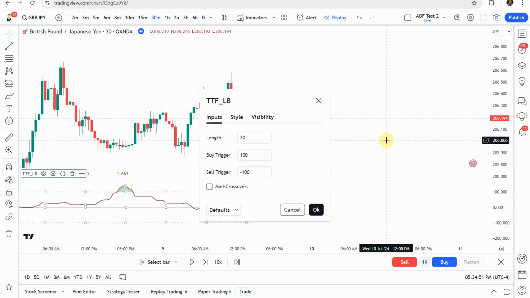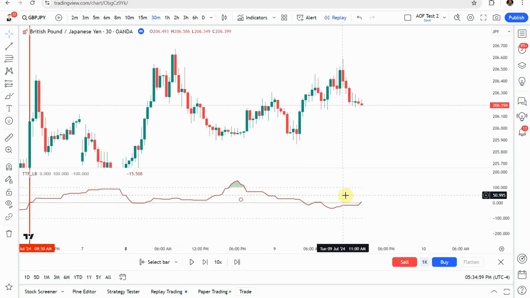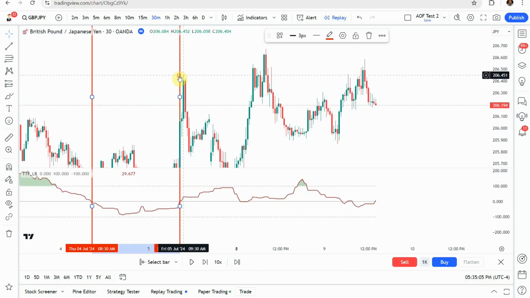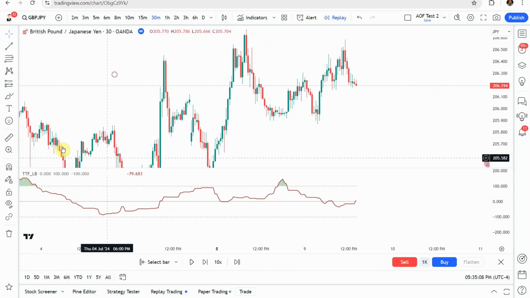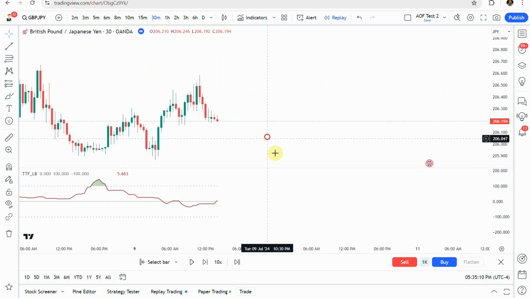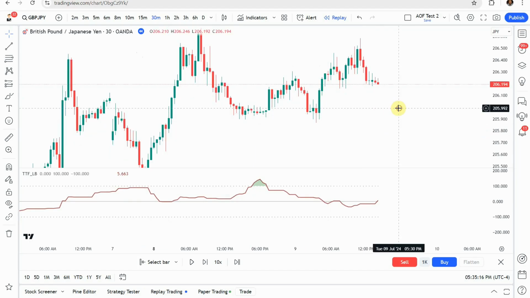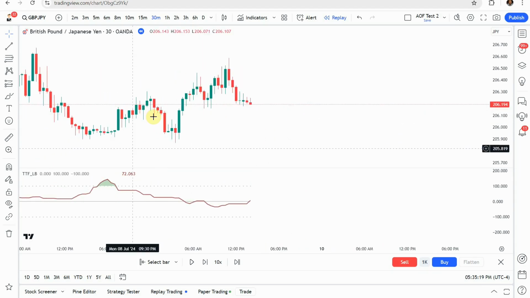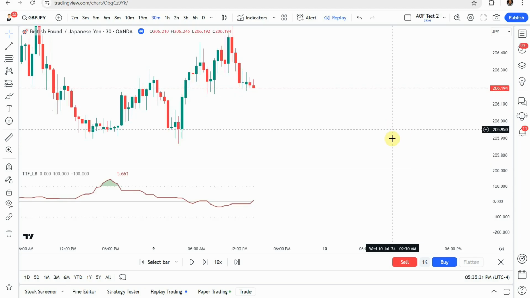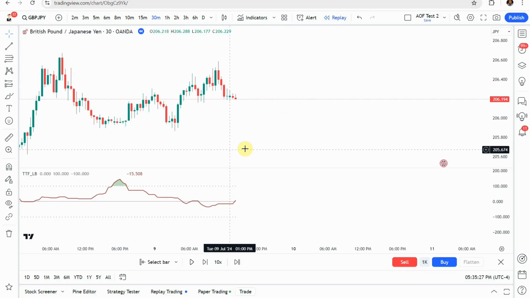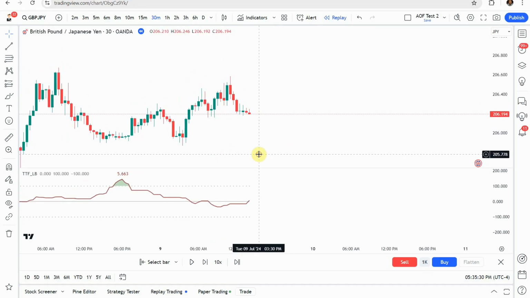But I went into the settings, and under the length I changed it to 30 and clicked OK. Now it spreads this out a little bit more, allowing it to really identify these long movements in the market, rather than trying to catch all these small ups and downs and pullbacks. Effectively, we're using it as a higher time frame indicator, but on a lower time frame setting.